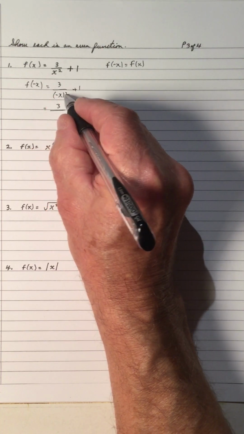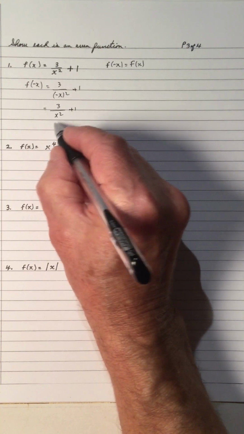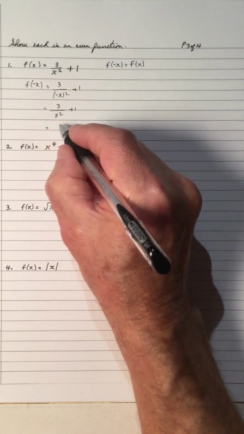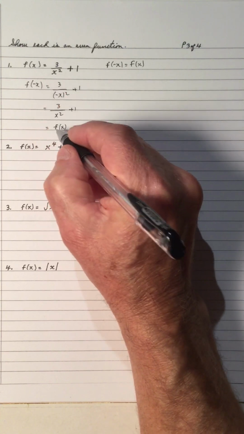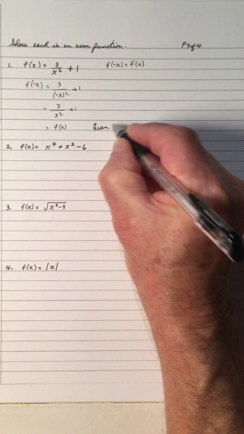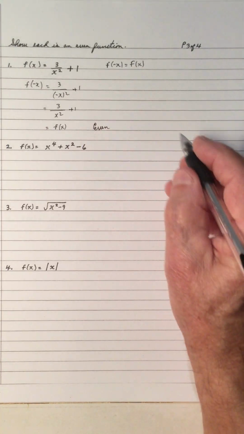A negative x squared is the same as x squared. So notice that 3 over x squared plus 1 is the same. So that's f of x. So f of negative x is equal to f of x. Therefore, it's an even function, because f of negative x is equal to f of x.